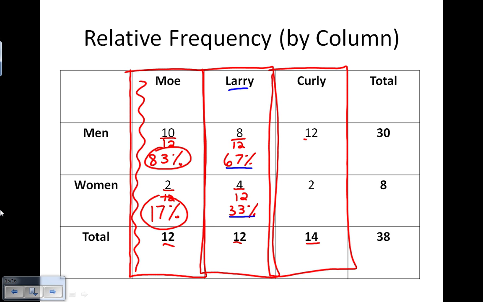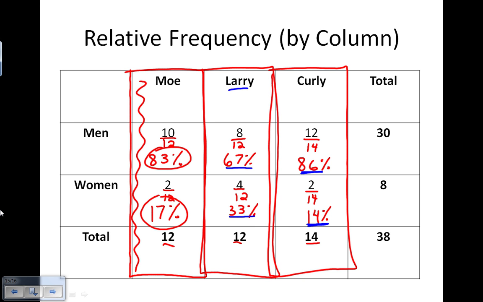Curly is 12 over 14 and 2 over 14. 12 divided by 14 is roughly 86%, which leaves 14% below. If we look at his votes, 86% were from men and 14% were from women.